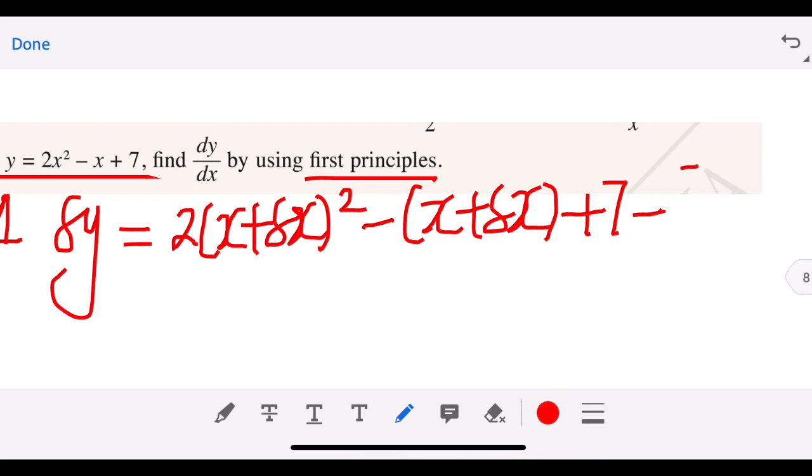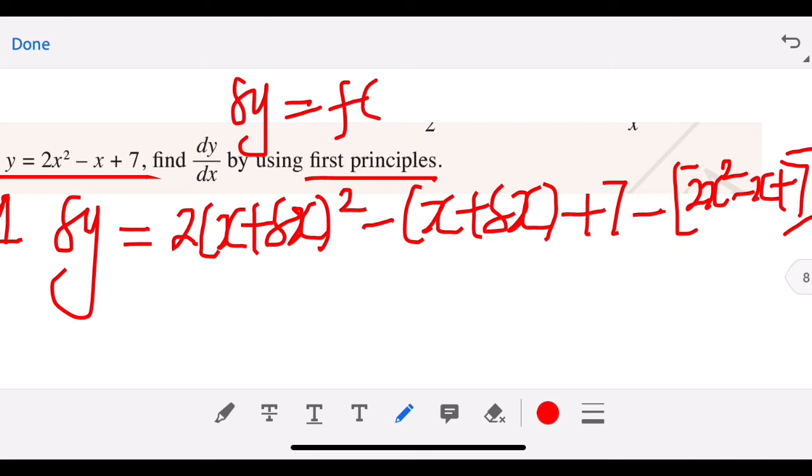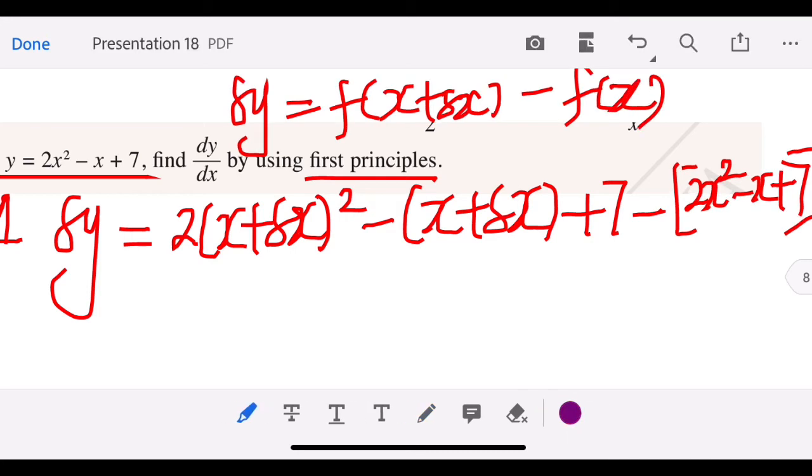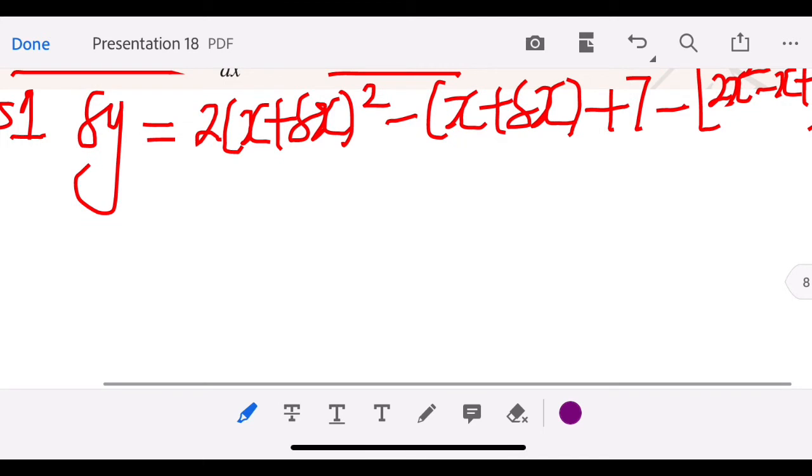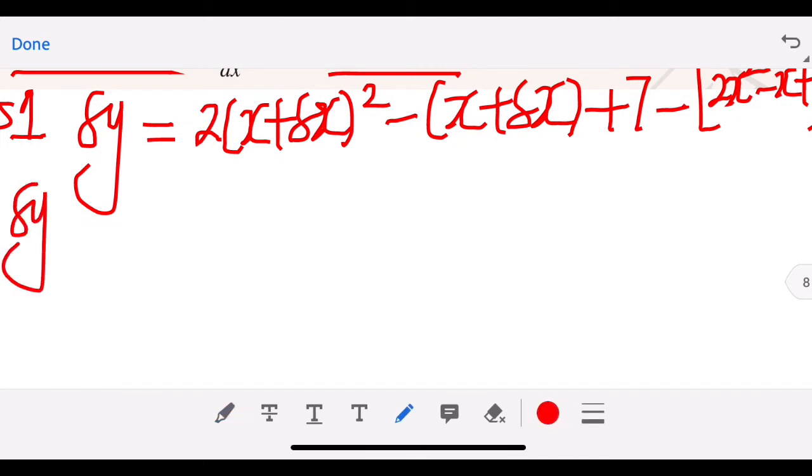So make sure you prepare like this: 2x squared minus x plus 7. Alright, so delta y is actually f(x + delta x) minus f(x). Remember that? Now we need to simplify to the simplest form. So let's do it carefully.